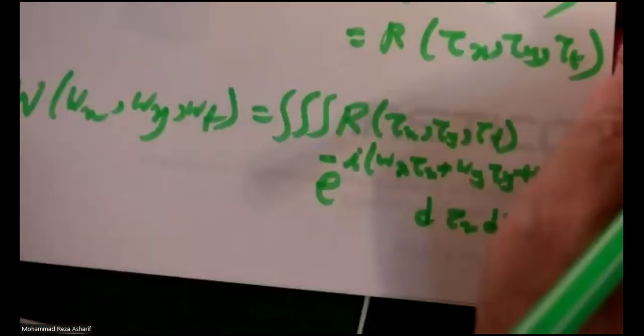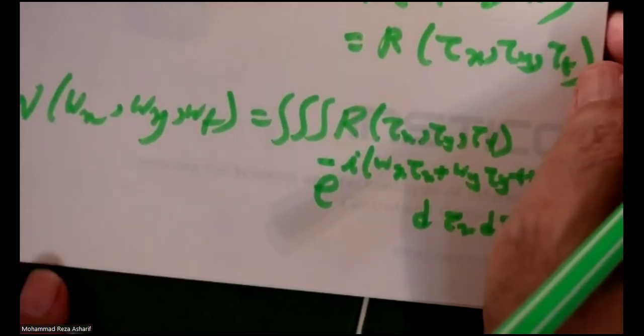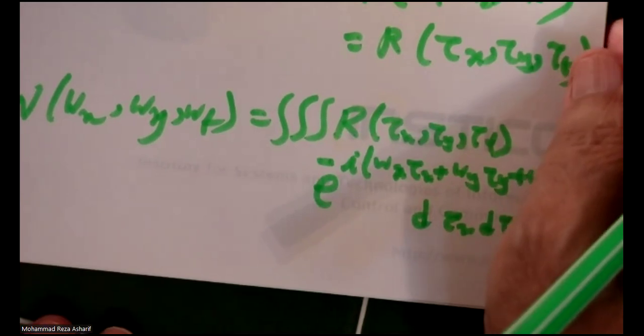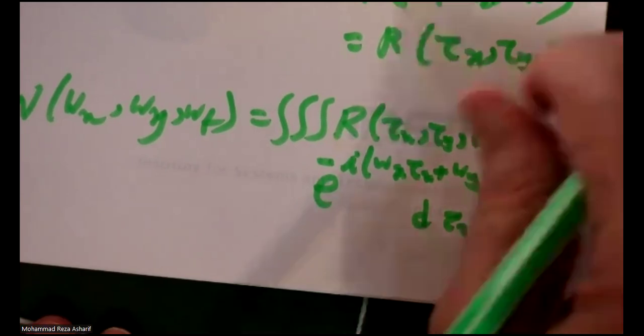Next page is like this. This is the power density of the image: the Fourier transform of autocorrelation.